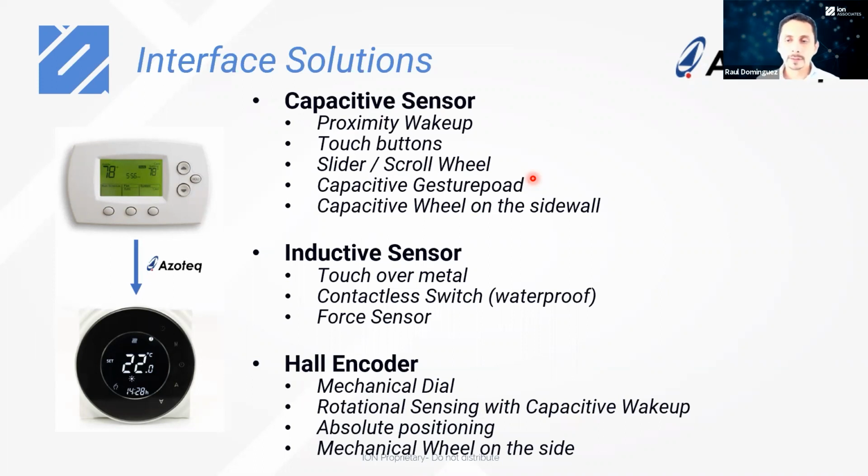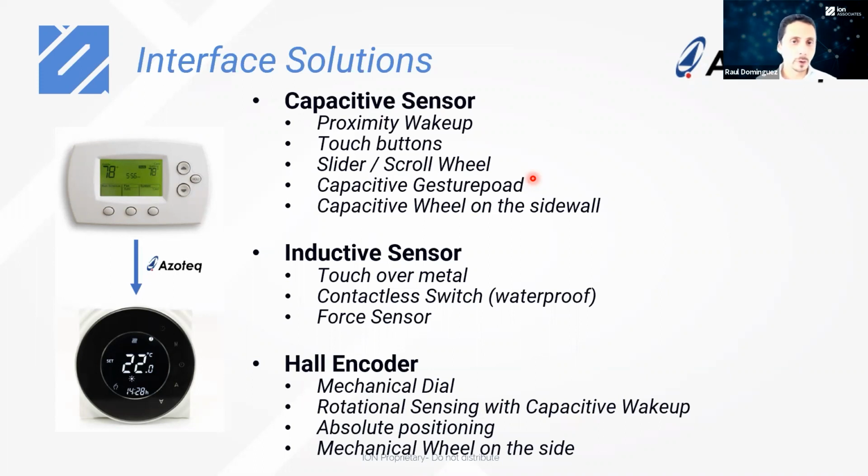With this IC, or even the board if you need it, you can implement several things, such as proximity wake-up: you can dim the light, and when people come near to push the buttons, it lights up.